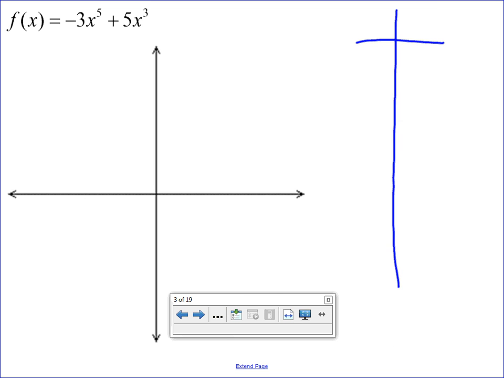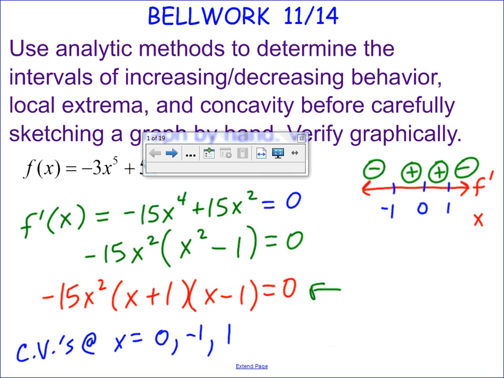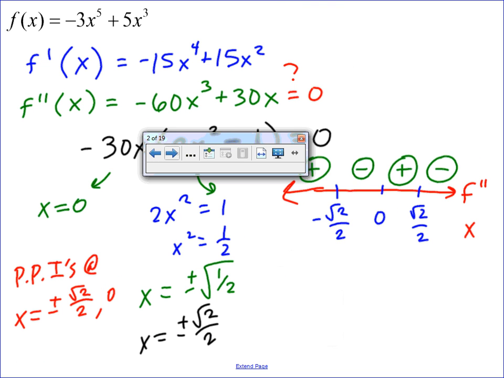We need a little something or other in order to get my party started. So if we went ahead and did x, f of x, and put my critical values on here, maybe one on either side, we can get an idea of what this might look like, right? So we'll go ahead and put on our x coordinates of the critical values. We're 0, -1, 1. Our possible x coordinates of my points of inflection look like negative root 2 over 2, 0, and positive root 2 over 2.